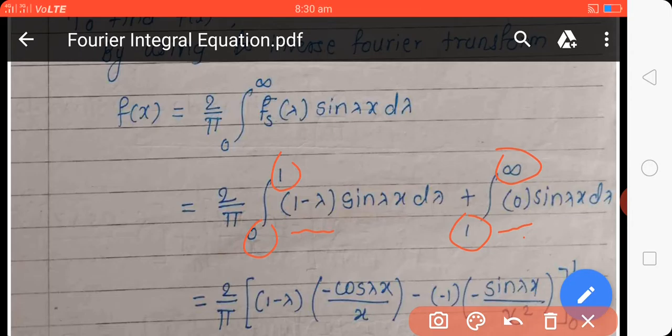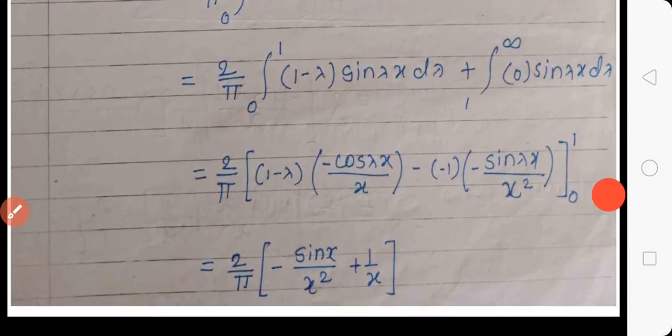Now we find the value of the first integration. For this, we use the integration formula: integration of uv is equal to u constant into integration of v, minus derivative of u into the double integration of v. Because here u, 1 minus lambda, is a polynomial, we can easily calculate the value by using the formula.